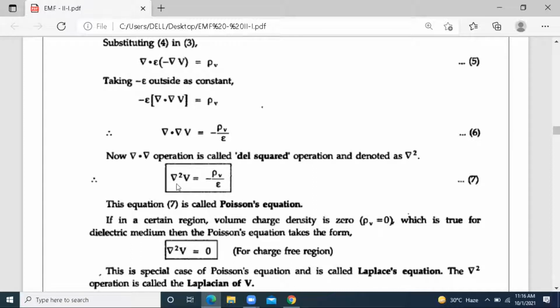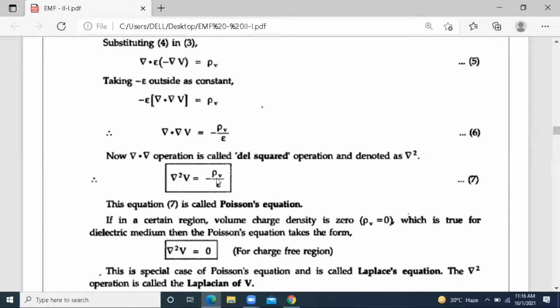This equation is called Poisson equation, named after the mathematician that did this work. Now, remember, rho V is your volume charge density.